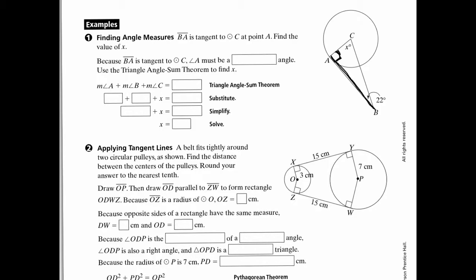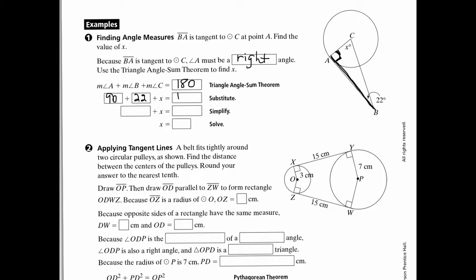Because BA is tangent to circle C, angle A must be a right angle. Use the triangle angle sum theorem to find x. So the measure of A plus the measure of B plus the measure of C has to equal 180. I know angle A is 90. I know angle B is 22.